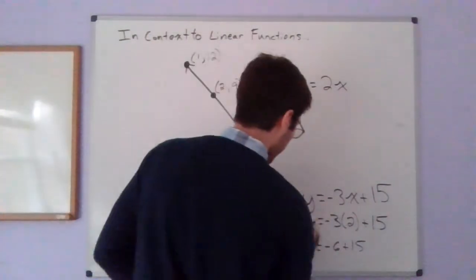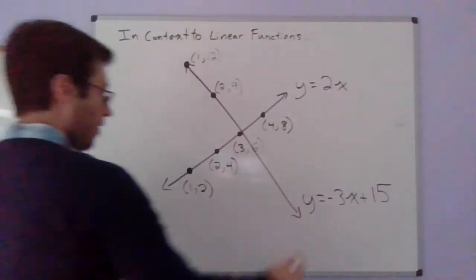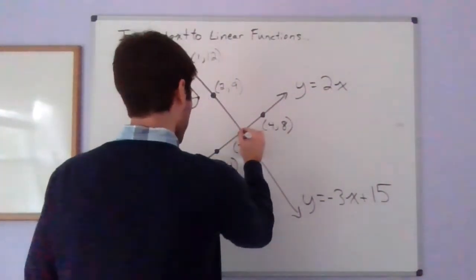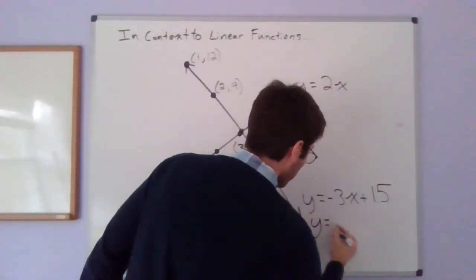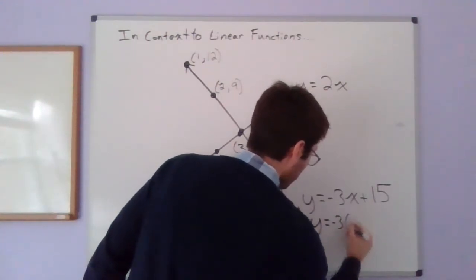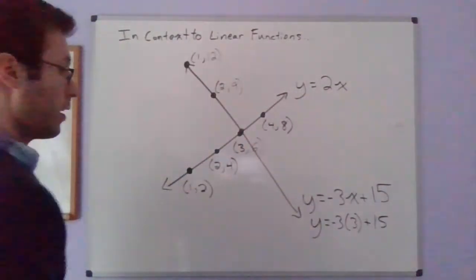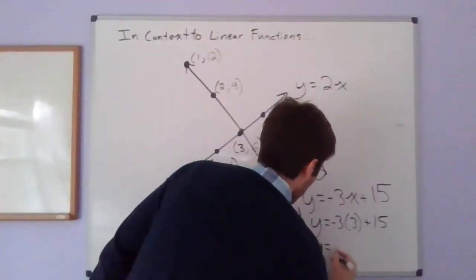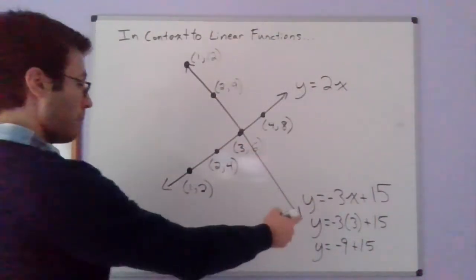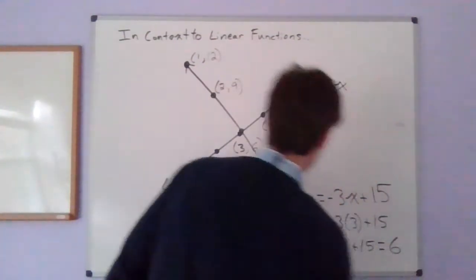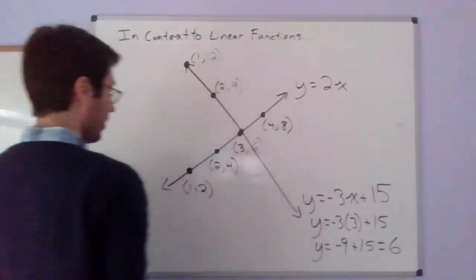All right, now here's the cool part. When we take the value 3, we know that y would be equal to -3 times 3 plus 15. So y would equal minus 9 plus 15. 15 minus 9 is 6. So that point also is said to lie on this line right here.